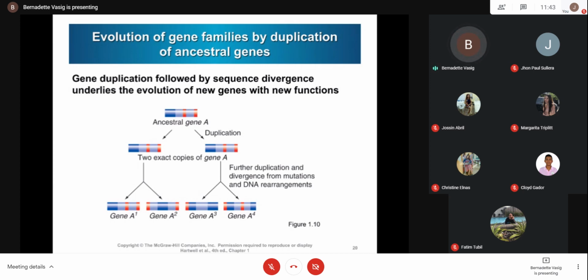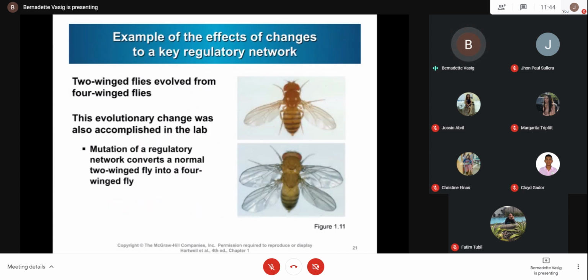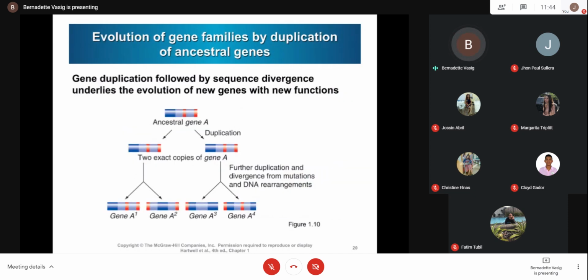So this gene A with a superscript 1, 2, 3, and 4 belongs to a family of genes which belongs to ancestral gene A. Some of these genes are obvious in the genetic makeup of some organisms. So these changes in the genetic makeup can cause diversification, and at the same time, changes also in their physiological function.